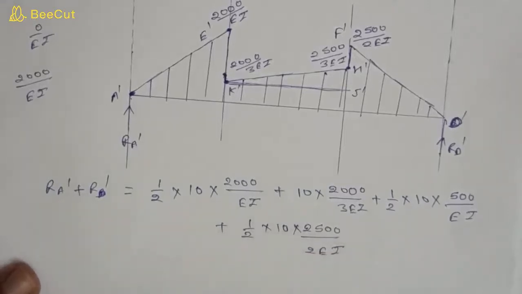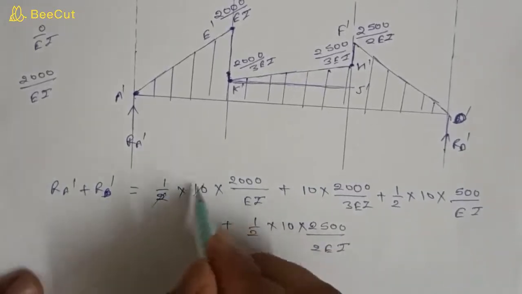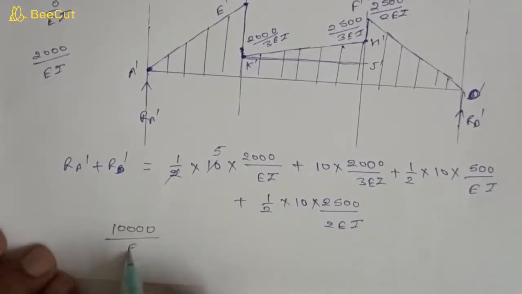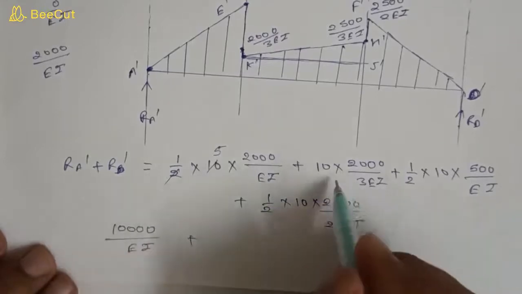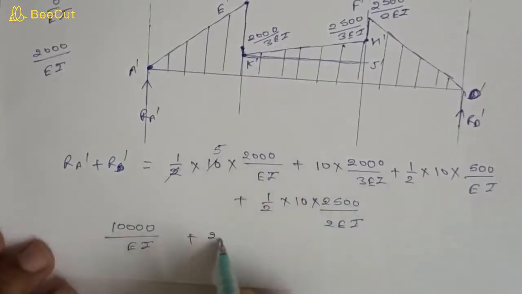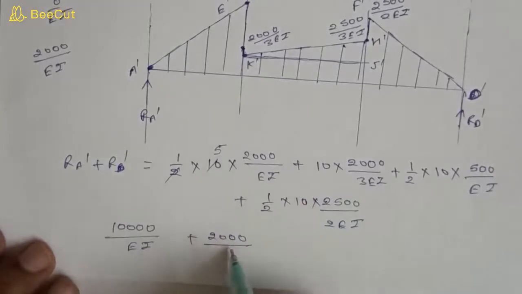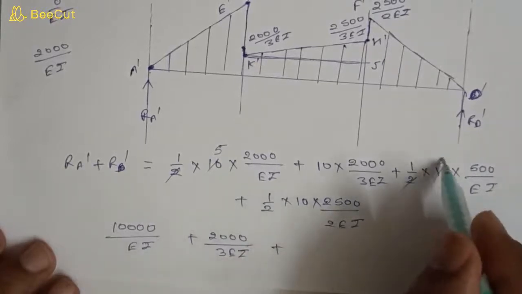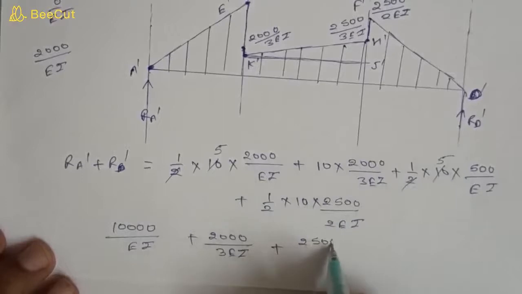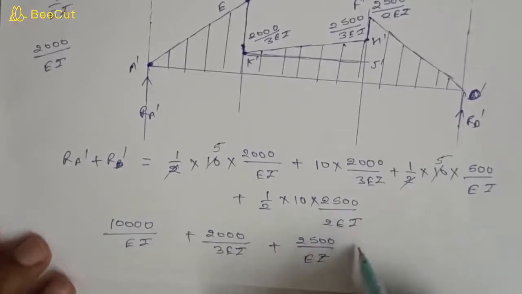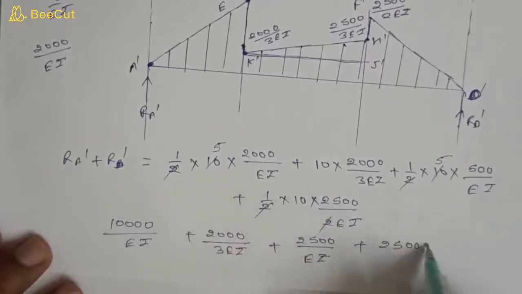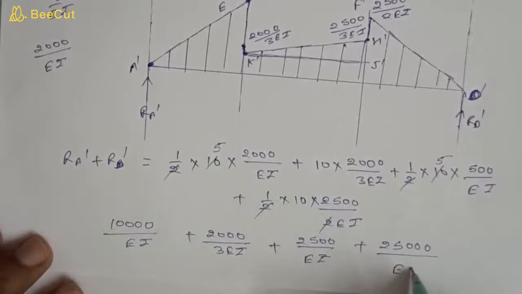Okay, so we will get 10,000 divided by EI plus 20,000 divided by 3EI plus 2500 divided by EI plus 25,000 divided by EI.